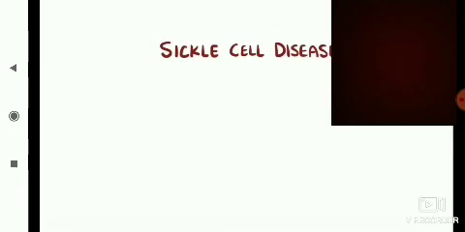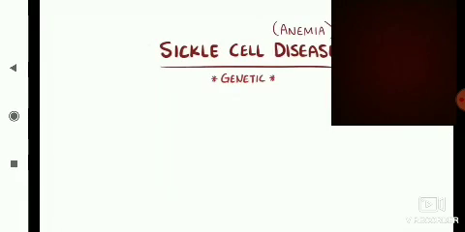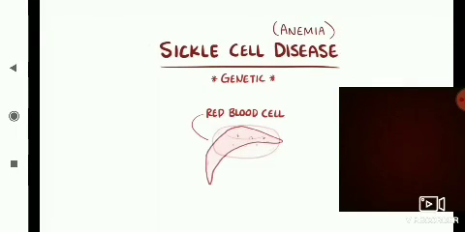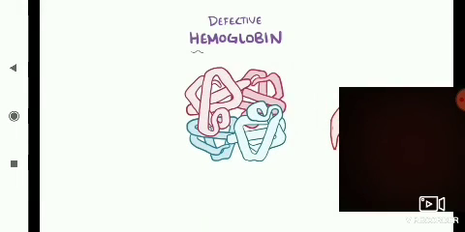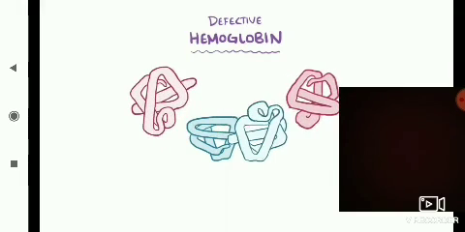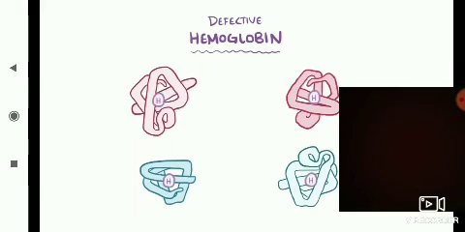Sickle cell disease, also called sickle cell anemia, or just sickle cell, is a genetic disease where red blood cells can take the shape of a crescent, or sickle, and that change allows them to be more easily destroyed, causing anemia, among other things. Sickle cell disease is caused by defective hemoglobin, which is the oxygen-carrying protein in red blood cells. Hemoglobin is made up of 4 peptide chains, each bound to a heme group.